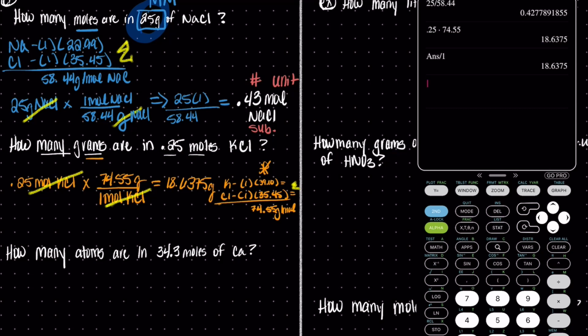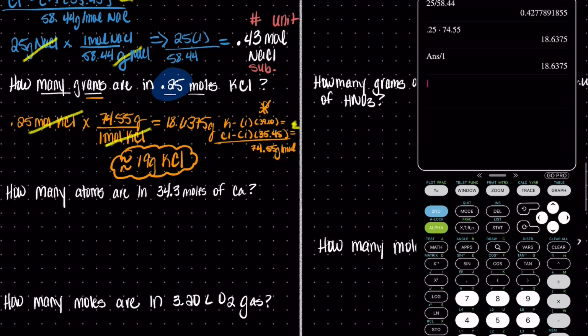Remember, number, unit, substance, but I'm not done yet. I need to find my sig figs. This is how many sig figs, ladies and gentlemen? That's the whopping 2. So we're going to give ourselves 2 sig figs, so that's approximately 19 grams of KCl. Light work.